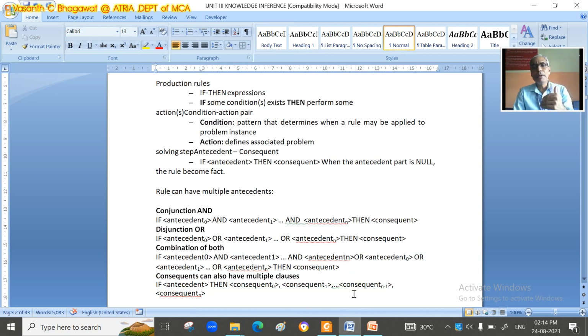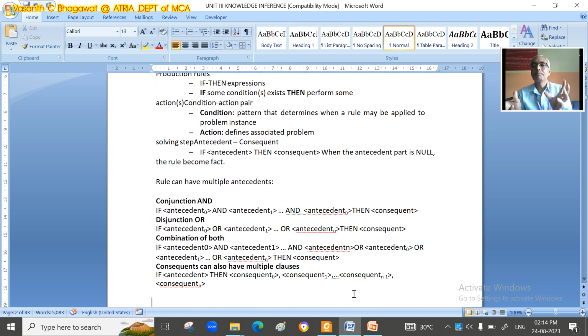Apart from a simple rule, we can add certain connectors. We have discussed this already in our mathematical logic or propositional logic. You can combine two rules. For example, if it is raining and Rama went to the school, you combine these two things. So we can have: if condition 1 and condition 2 and condition 3, however many conditions you have, you can combine them using either a conjunction or a disjunction, that is an AND operator or an OR operator.